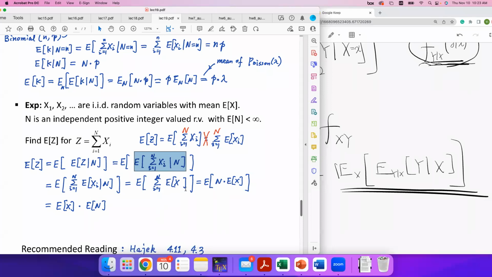This E[X] is a number, and it does not depend on i. So the sum of this E[X] is simply capital N times E[X]. And since E[X] is a number, it doesn't depend on capital N, so we can pull it out. It is a universal constant. Once we pull it out, what is left is the expectation of capital N.